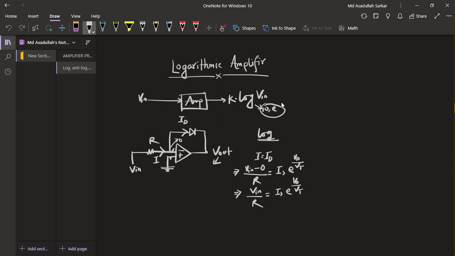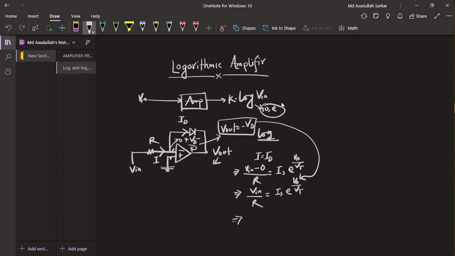If I make a loop here, then I will find that V output is equal to minus Vd. I will use this condition to find V output.